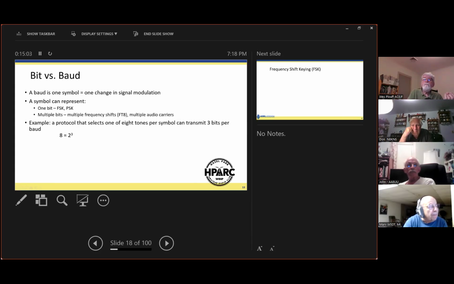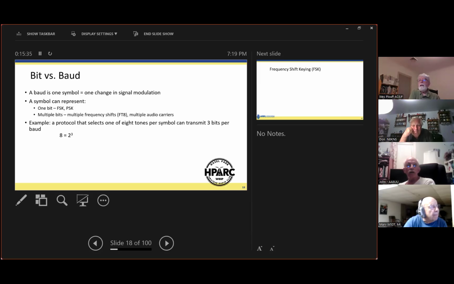So let's talk about bits versus bauds. A baud is one symbol where you make a change in the signal modulation, for instance, switching from one audio frequency to another. A symbol can represent one bit, for instance in frequency shift keying or phase shift keying, or it can represent multiple bits.